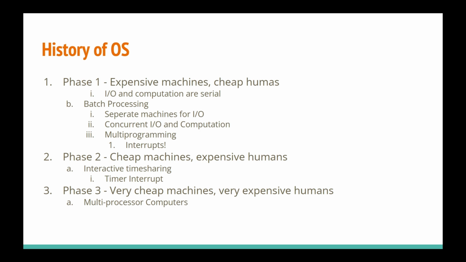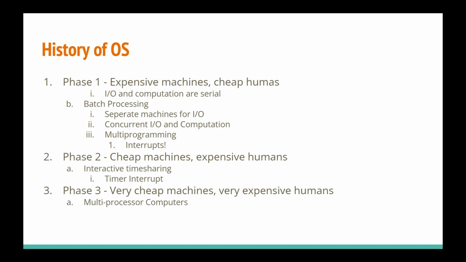Interrupts are very important. They're the basis for a lot of things that are very important in this next phase, phase 2. Phase 2: cheap machines, expensive humans. The main thing that we need to know about phase 2 is interactive time sharing. So there's going to be multiple users on a system now, and that means you're going to have programs that need to be run relatively quickly so that no one user gets put ahead of another one.